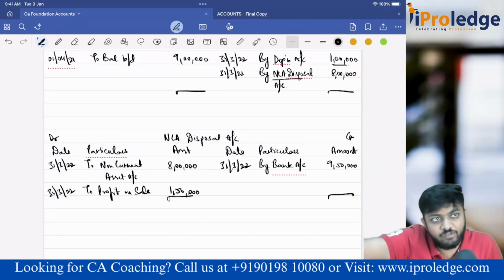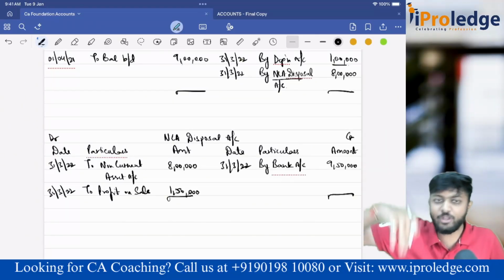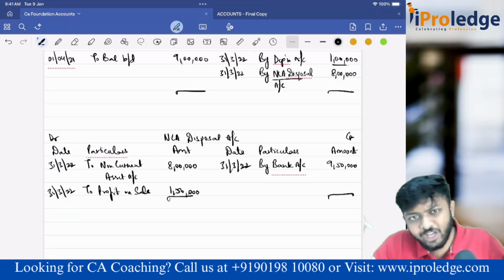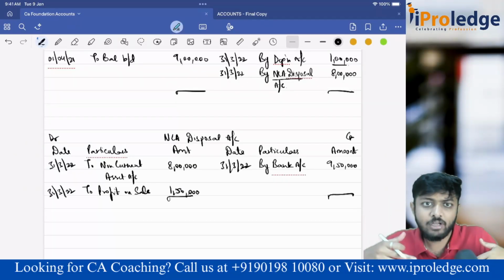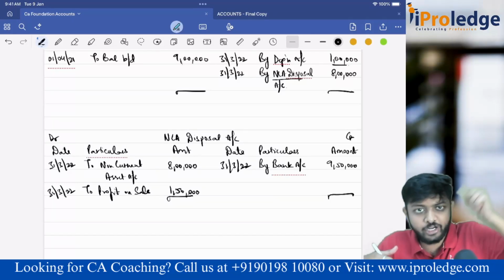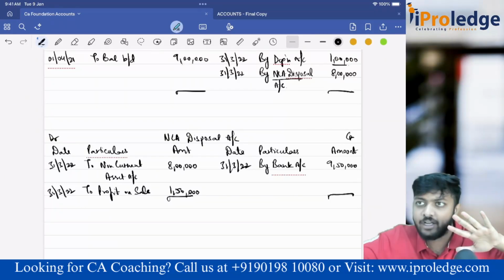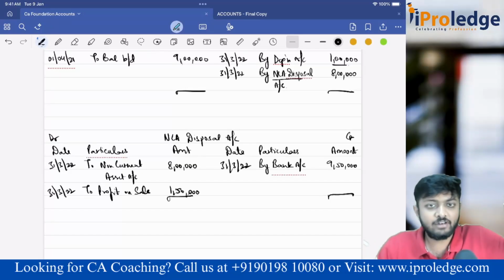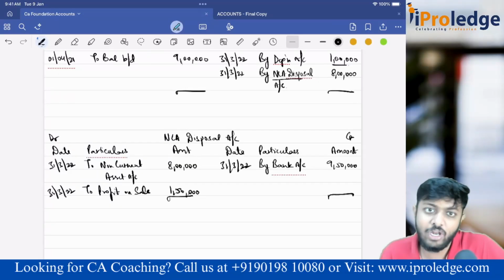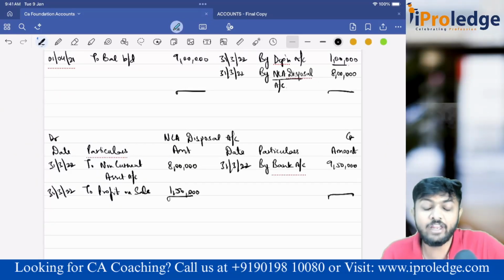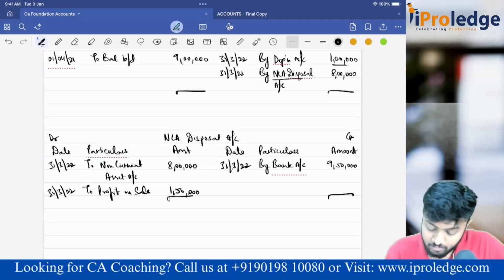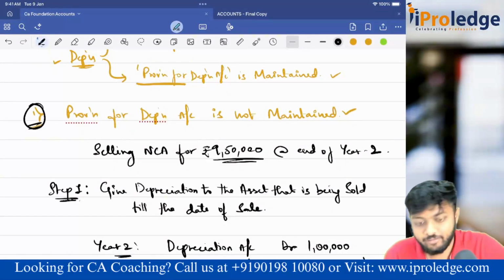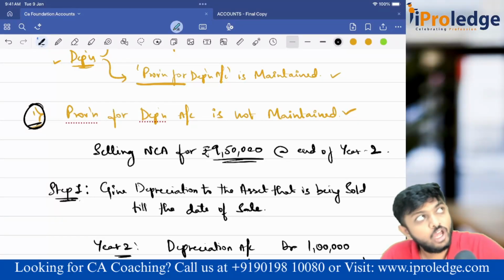That 8 lakhs I have transferred to disposal because disposal accounting is happening in the disposal account, so bring all the relevant information to disposal. Bank receipt, NCA disposal. Profit on sale, you have brought it in NCA disposal. Enough. Done. You have done the disposal accounting using the NCA disposal account. Clear? Now this first part is over, where the provision for depreciation account is not maintained.